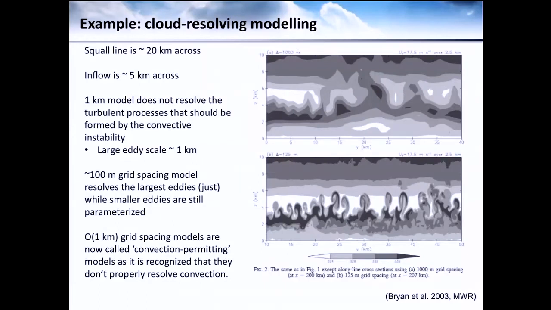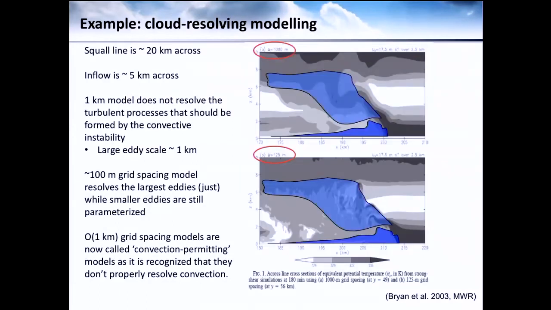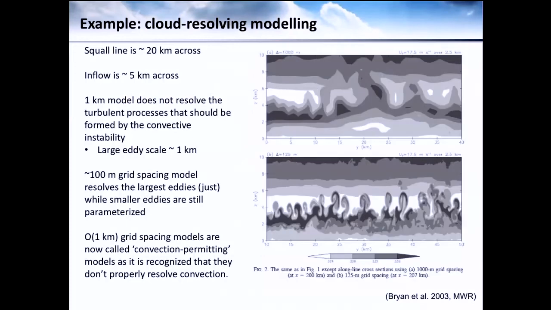If you look at a cross-section through here, rather than looking across the line, you look along the line, so you take a cross-section through the middle here. This is what they look like. It's quite different. This is your slab of unstable air that is poorly resolved and just rises through the storm. In your eddy resolving model, a cloud resolving model, this forms into these turbulent plumes.